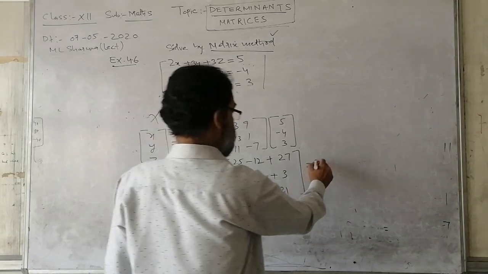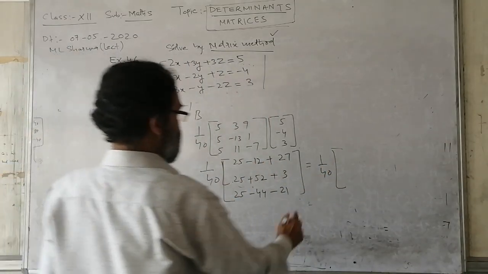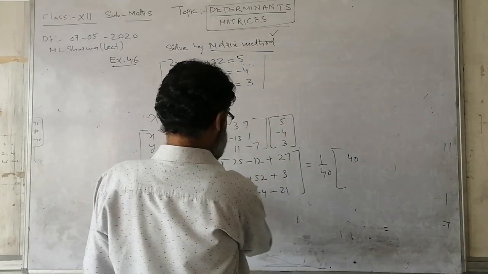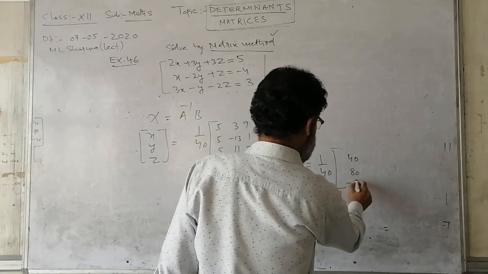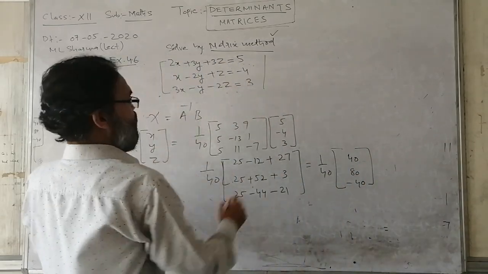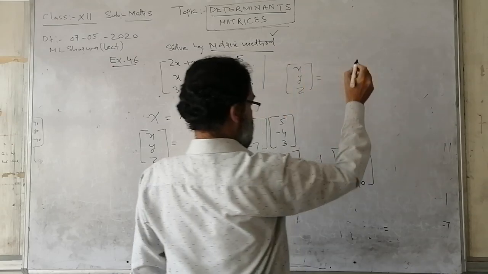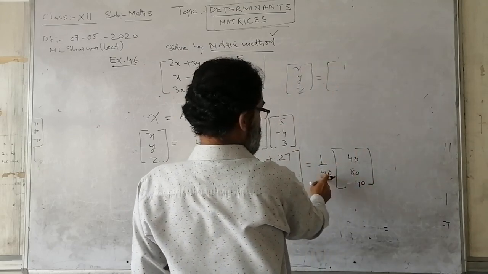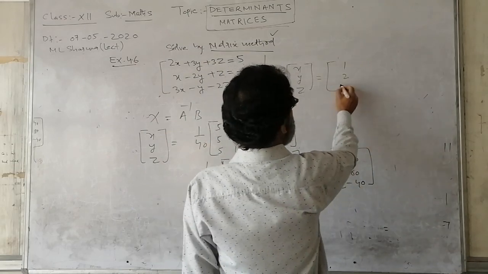So finally this will be equal to 1 upon 40. If I add these two, I am left with 40 here, and if I add all these three, 25, 52 and 3, it will be 80, and here it will be minus 40. So x, y, z is finally equal to, 40 divided by 40 is 1, 2 here and minus 1 here.